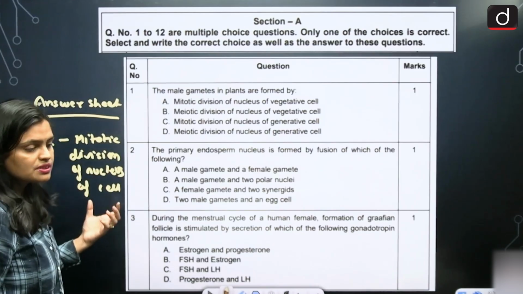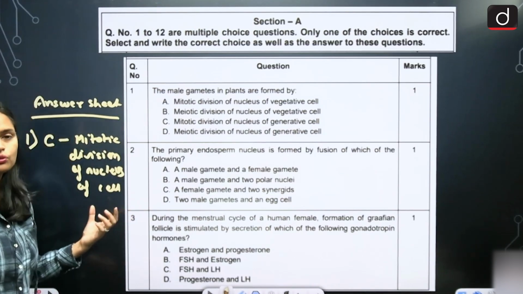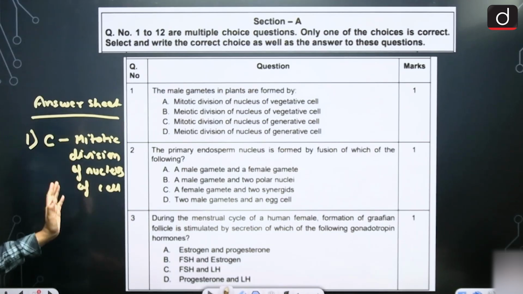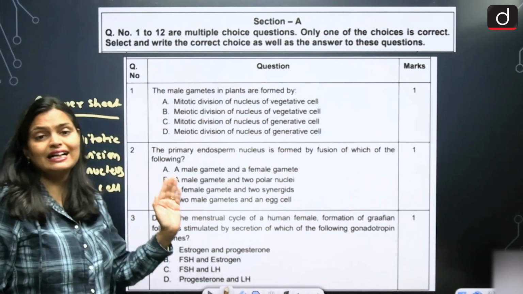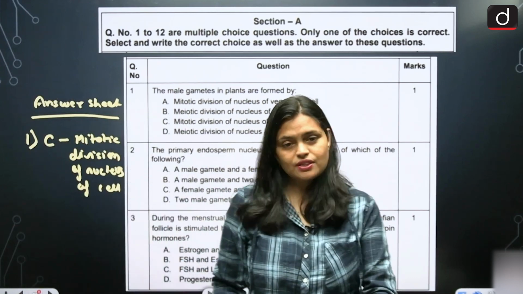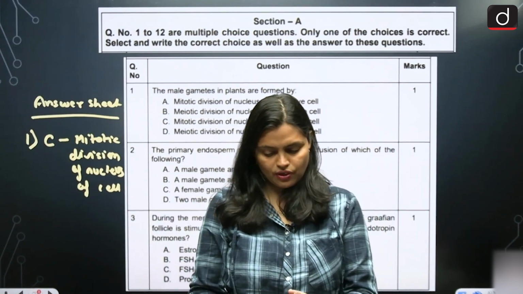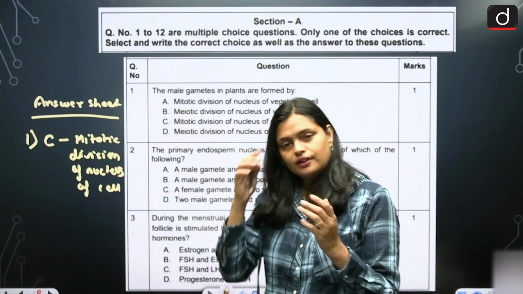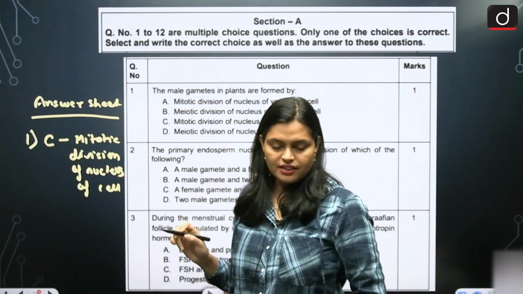I'm giving you just an example of how you have to solve here. This is how you have to write down the answers for your MCQ questions. All right, clear? So now let's start the revision.